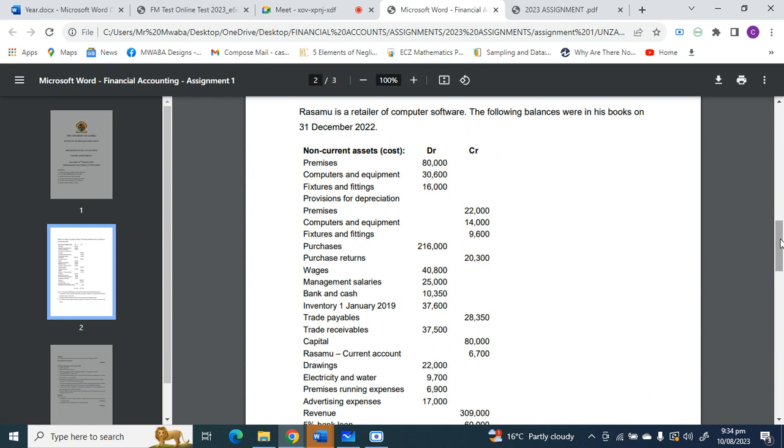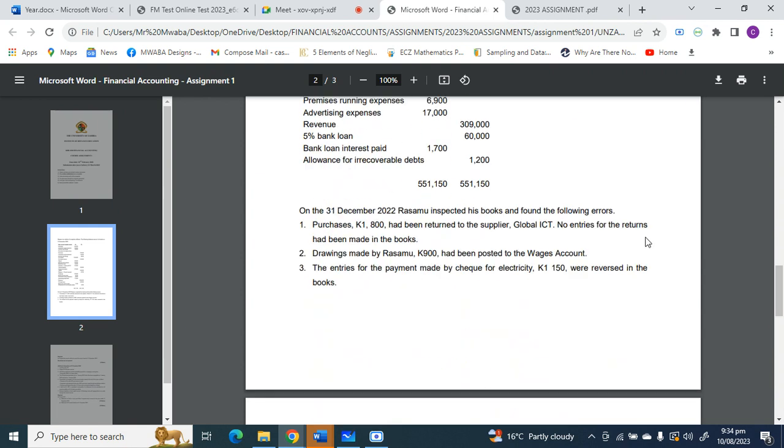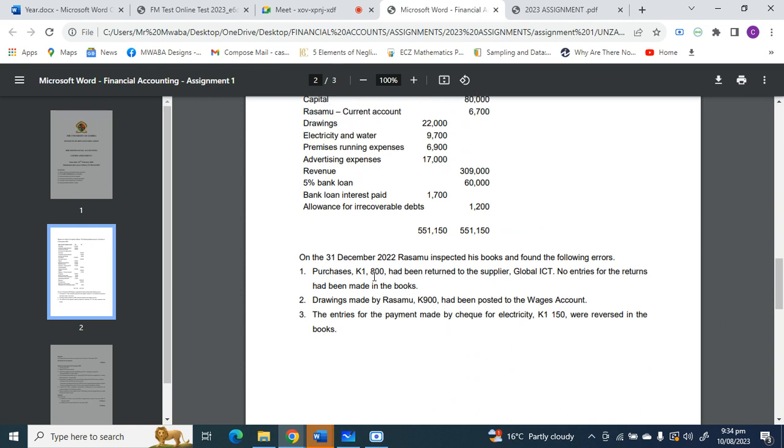The first error: purchase of 1,800 had been returned to the supplier Global ICT. No entries for the returns had been made in the books. So colleagues, we as Rasamu returned goods to our supplier worth 1,800.